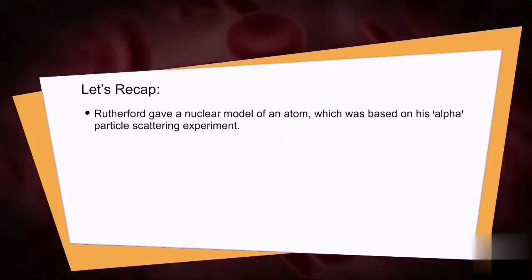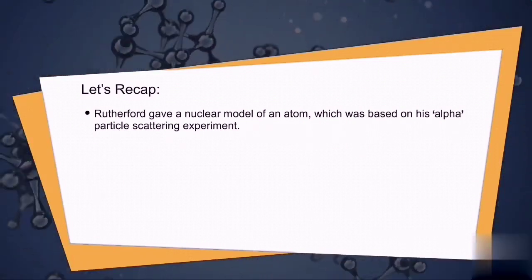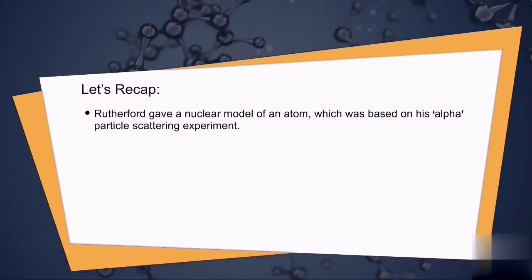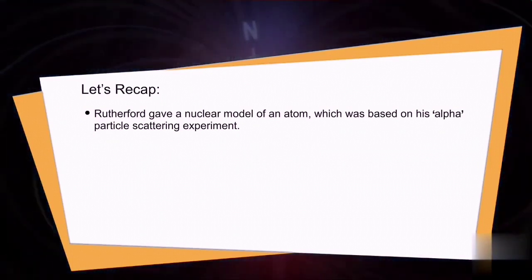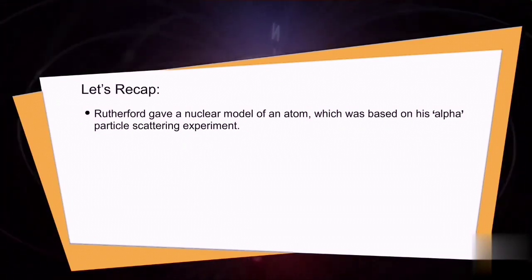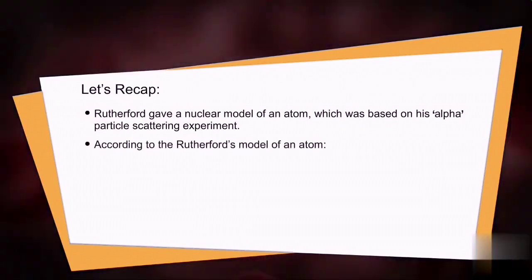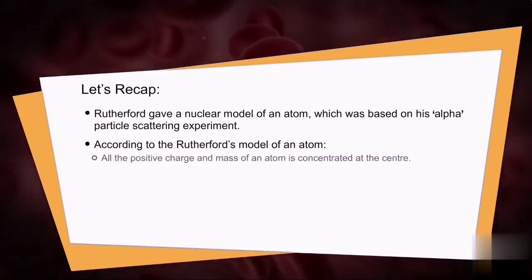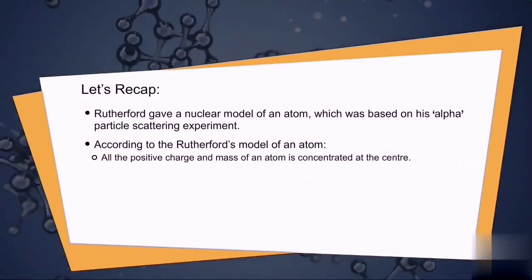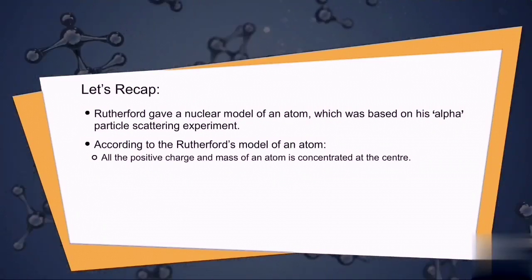Let us recap. Rutherford gave a nuclear model of an atom which was based on his alpha particle scattering experiment. According to Rutherford's model of an atom, all the positive charge and mass of an atom is concentrated at the center.